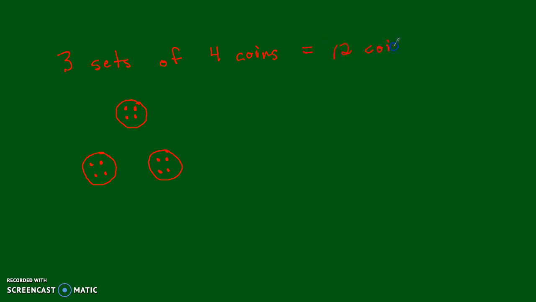And if we were going to write that as a math problem, we would write this as 3 times 4 equals 12. So many times when we see of in math, we're referring to multiplication.